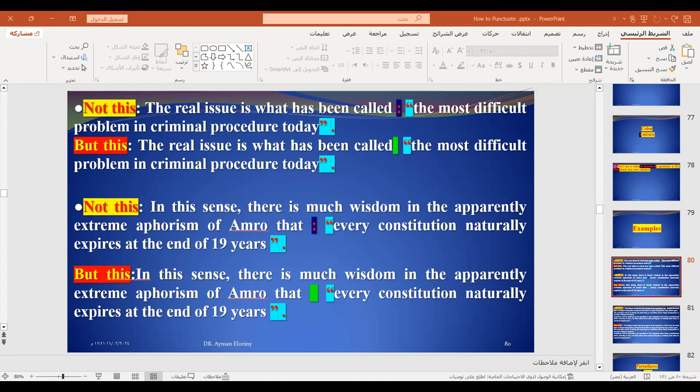For example, we must not put a colon after "that", because a quotation or a list here blends into the sentence.